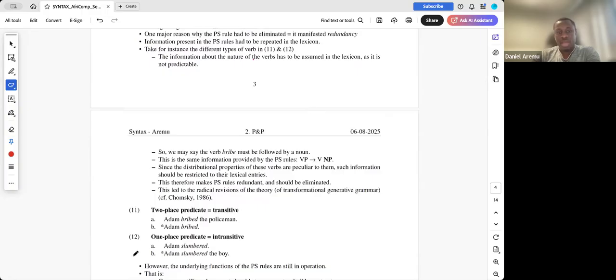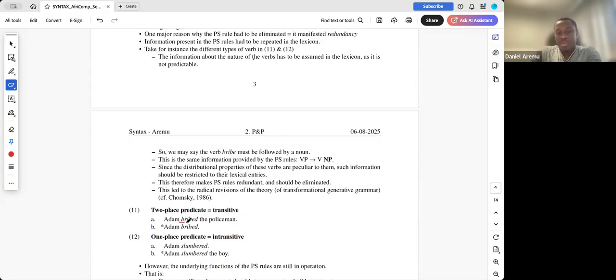So if you look at 11 and 12, beginning with 11, the verb bribe. Again, don't forget, what we're trying to look at is what motivated the elimination of the PS rule, and the motivation was redundancy. What do we mean by the PS rule being redundant?